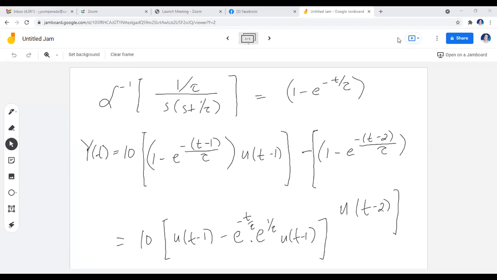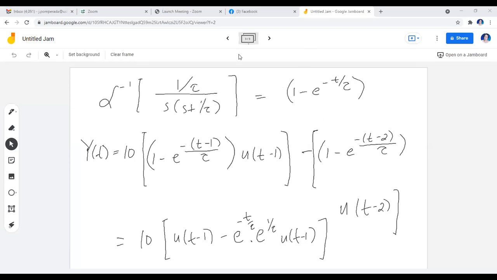It should display the same Jamboard. It's here. Okay, can you see it? Can I just see a reaction if you see it? Yes, miss. Okay, thank you.